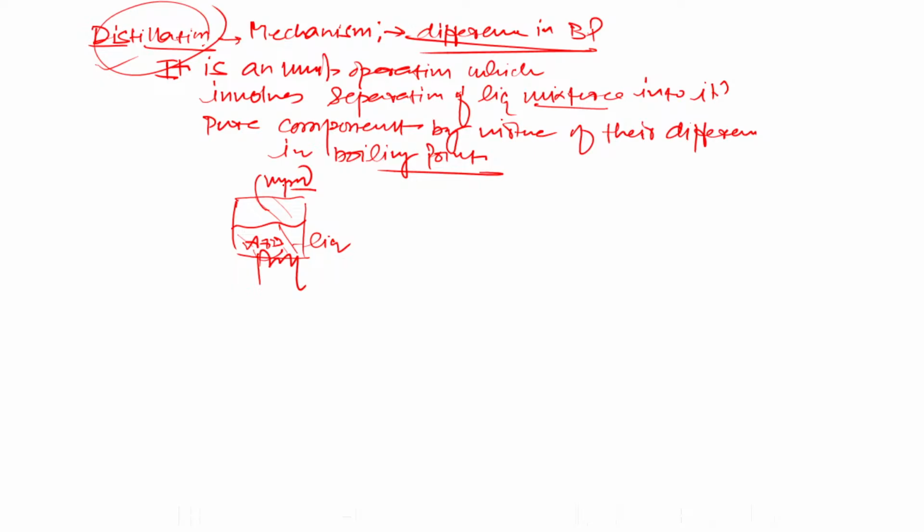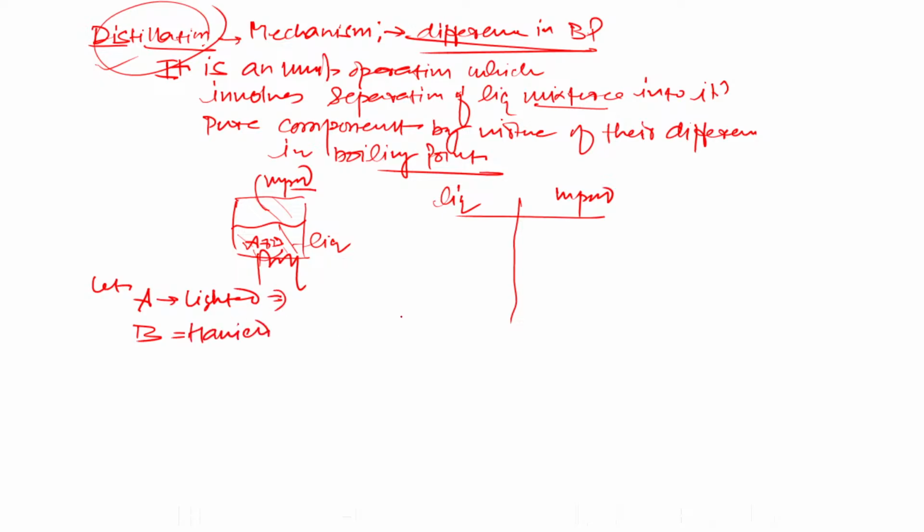So in distillation, two phases form: here liquid and here vapor. And we are going to discuss two components, a binary mixture, meaning only two components. Let A be the lighter component and B the heavier component.